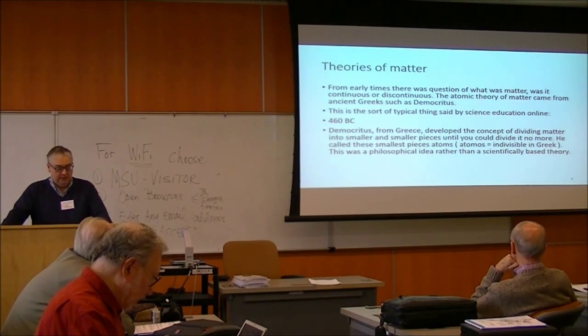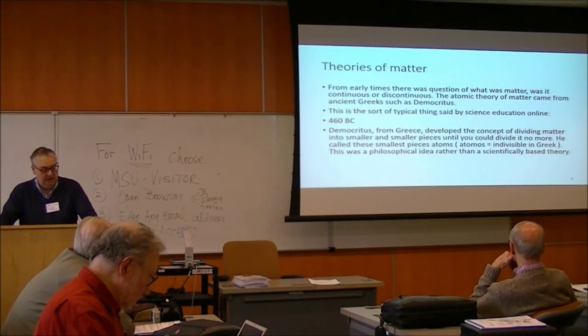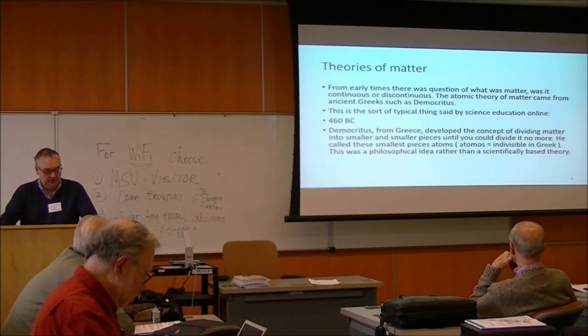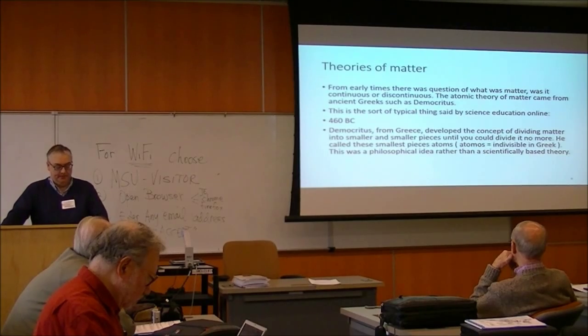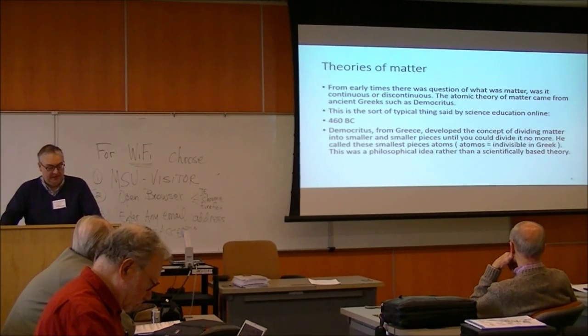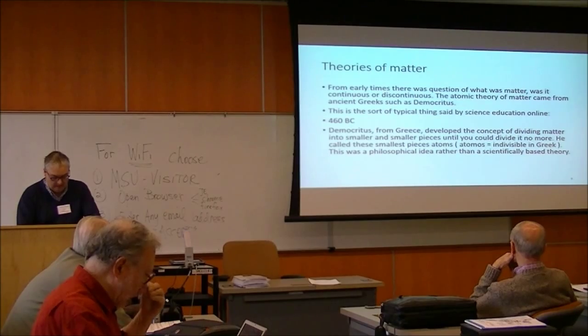This is a sort of typical thing said by the Science Education online, which I'm quoting. 460 BC, Democritus from Greece developed the concept of dividing matter into smaller and smaller pieces until you could divide it no more. He called these smallest pieces atoms, from the Greek meaning indivisible. This was a philosophical idea rather than a scientifically based theory.